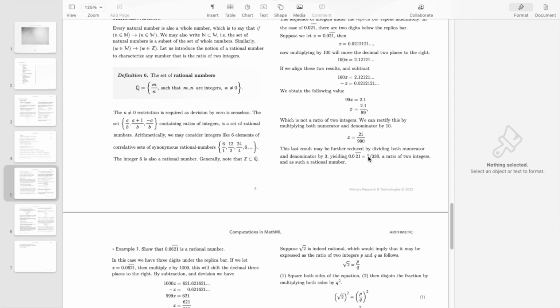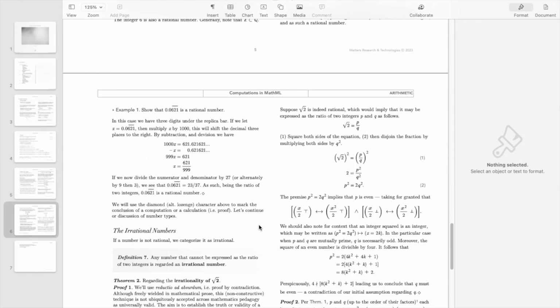So we get 7 in the numerator and 330 in the denominator. Dividing both by 3 yields this final result, a ratio of two integers, and as such, a rational number. Great.